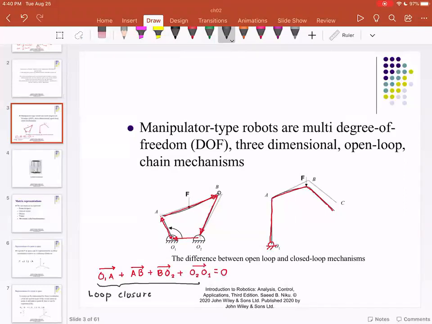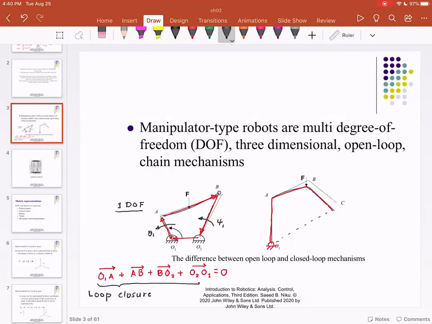But in the case of an open loop mechanism, we do not have the closure. The loop doesn't close. In other words, we do not have a link that connects point C all the way to O1. That's why this is a 1 degree of freedom mechanism. What it means is for a particular value of theta 1, I'm going to have a particular value of psi 1.